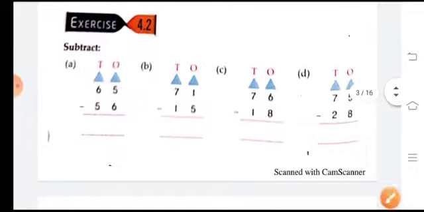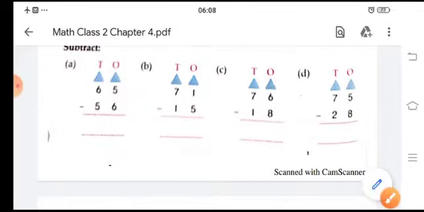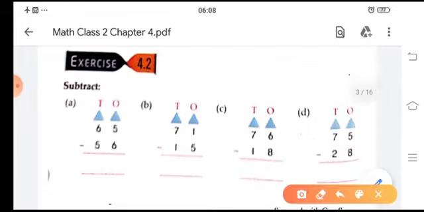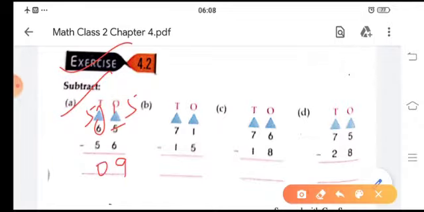Okay, so let's do exercise 4.2. The subtraction: 5 minus 6 is not possible, so you will borrow 1 from here, so it becomes 15, and 15 minus 6 we get 9. Here 5 is left, so 5 minus 5 is 0.